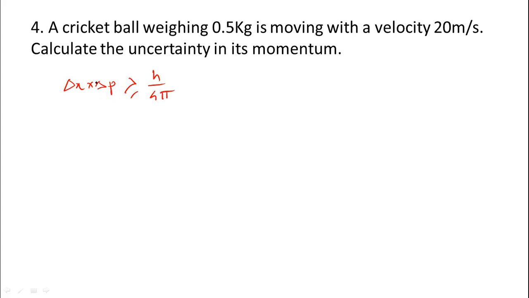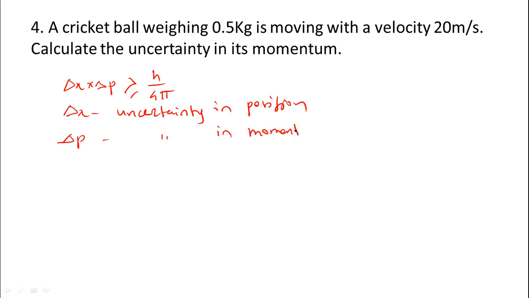What is delta x here? It is the uncertainty in position. According to the Heisenberg uncertainty principle, it is impossible to determine simultaneously the position and momentum of a particle. And delta p is the uncertainty in momentum.